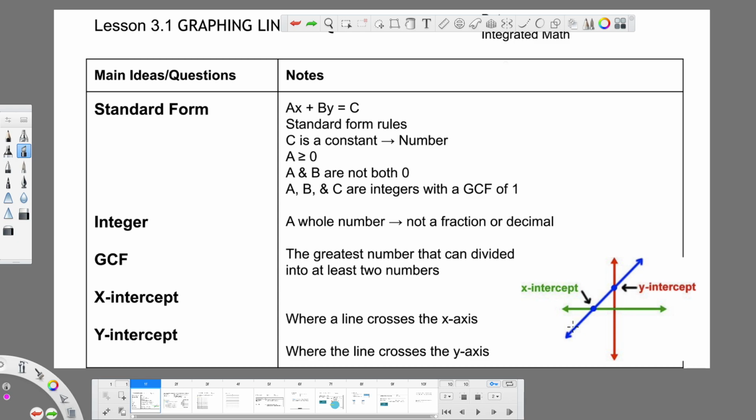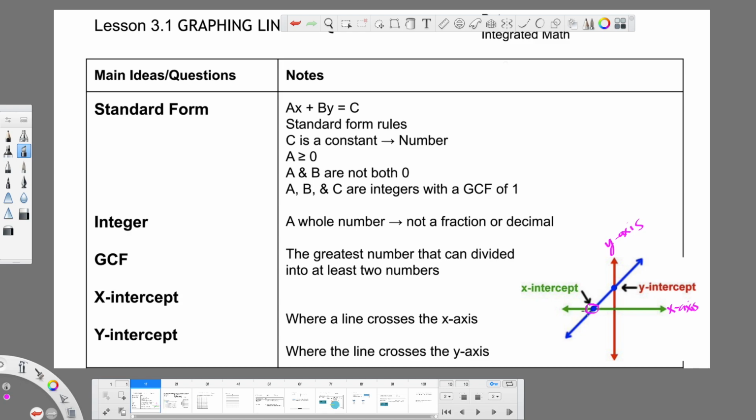The y-intercept is where the y-axis caught the line. It passed over, crossed it. This is the x-axis, and this point, the x-intercept, is where the x-axis caught the line.